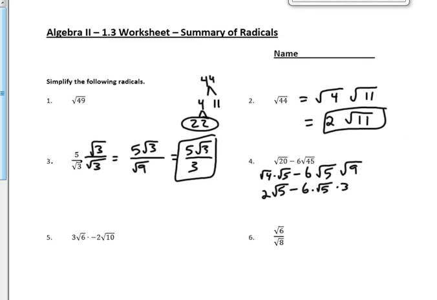So I've got 6 times 3, which is 18 square root of 5, and I've got 2 square root of 5 minus that 18 square root of 5. Well, now the radicals are exactly the same. 2 square root of 5 minus 18 square root of 5 is going to give me 16 square root of 5 with a negative, because 2 minus 18, if I've got two things and I take away 18, I'm in the hole. I'm losing. I have a negative.